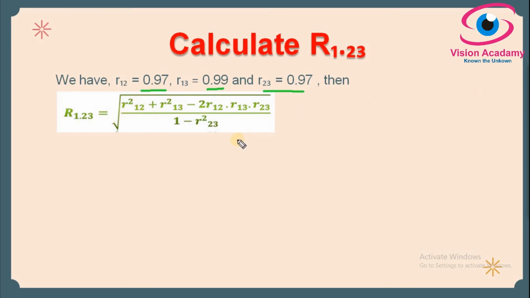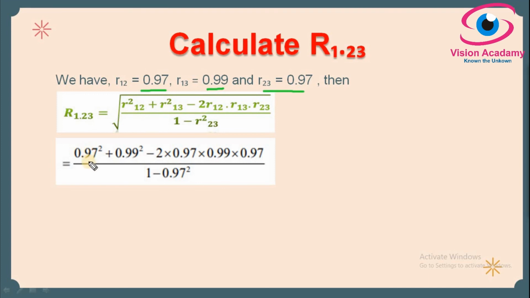So R12 square will be 0.97 square, plus R13 square will be 0.99 square, minus 2, which is a formula part carried the same, R12 is 0.97, R13 is 0.99, and R23 is 0.97.